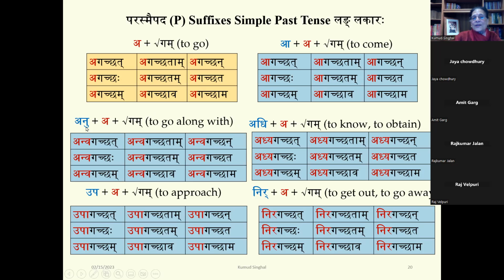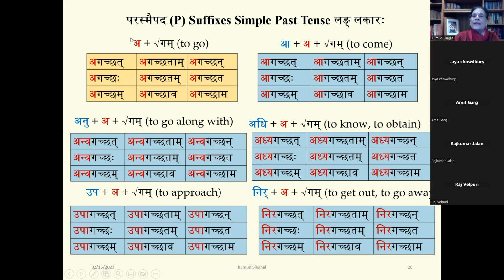There will be a sandhi here because anu plus a, so there will be a yan sandhi here. So anu plus a, this u becomes a v, right? And so anu plus a becomes anva. This is a yan sandhi going on.